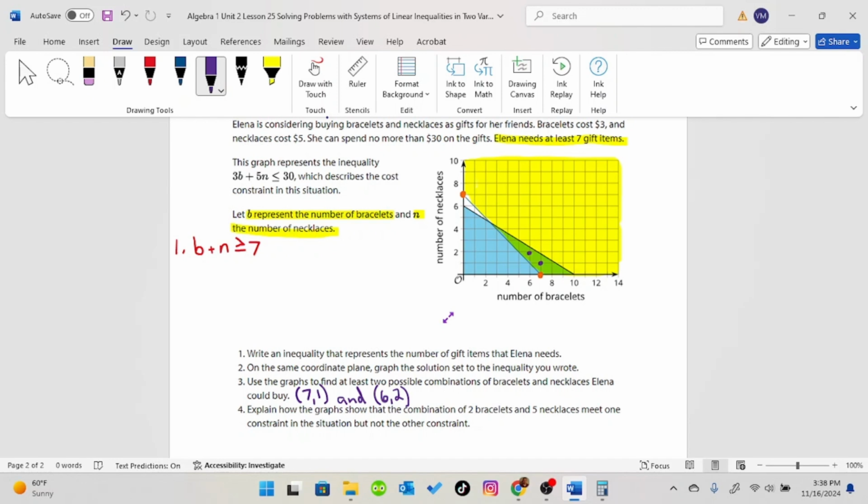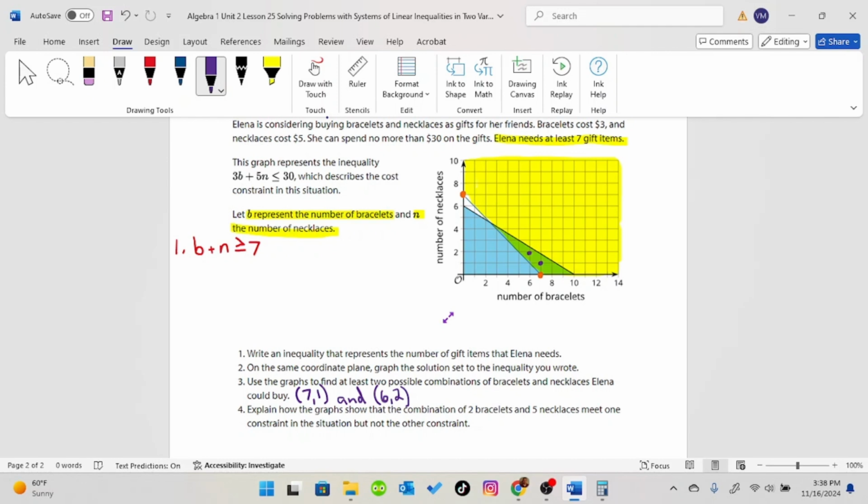These 2 points could be combinations of bracelets and necklaces that Elena could buy and meet both sets of constraints. It would give her enough gifts and it would keep her under budget.